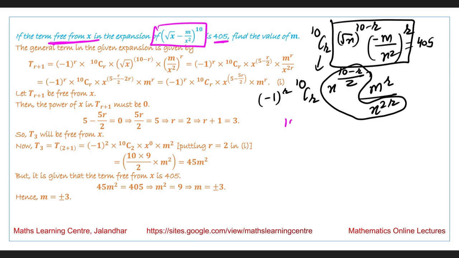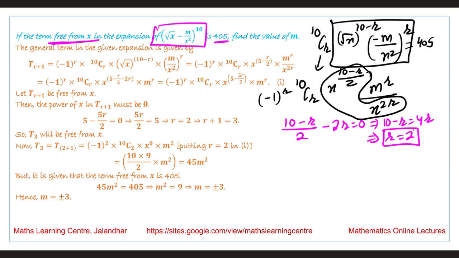So we are saying (10 minus r) by 2 minus 2r is equal to 0. So this implies 10 minus r is equal to 4r. So this implies r is equal to 2.